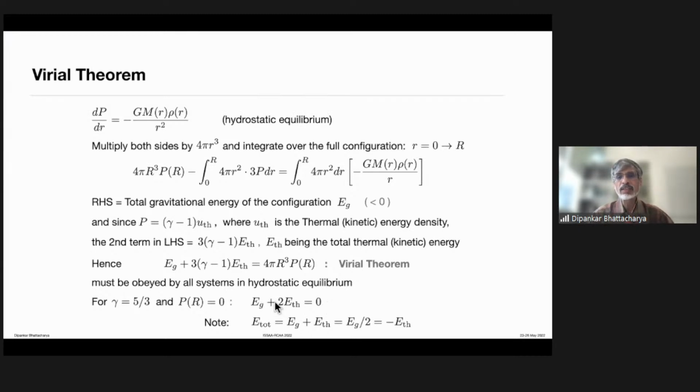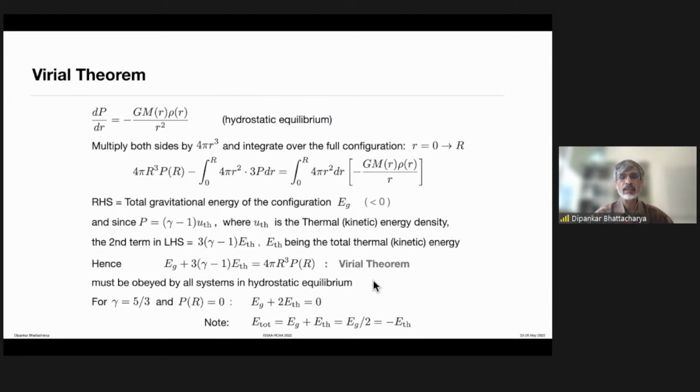Now remember, Eg is a negative quantity. E thermal is a positive quantity. So E thermal is minus Eg over 2. And the total energy, which is Eg plus E thermal, is therefore Eg over 2, which is a negative quantity.